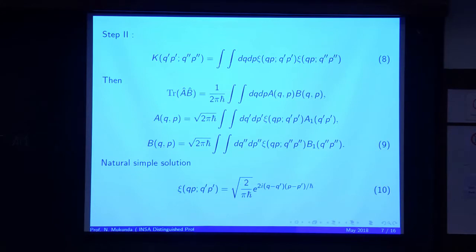This is the origin of the idea square root method, square root procedure. Suppose you are able to find a function psi of 2 points in phase space such that K can be written in this form, then we can do the following.